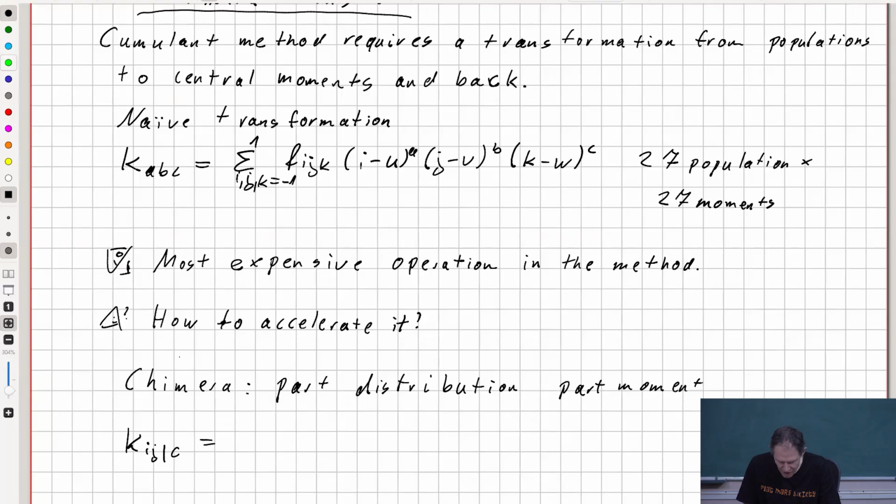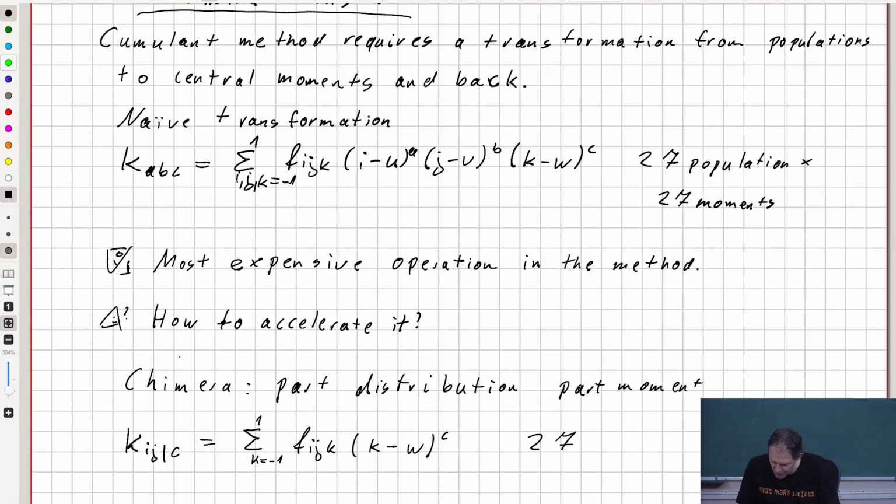And then we have, very trivially, as you will see, the sum over k equal to minus 1 to 1 of f_ijk times (k minus w) to the power of c.